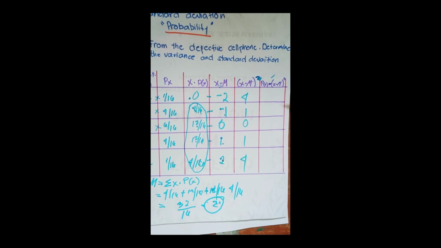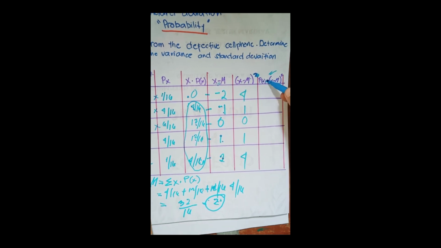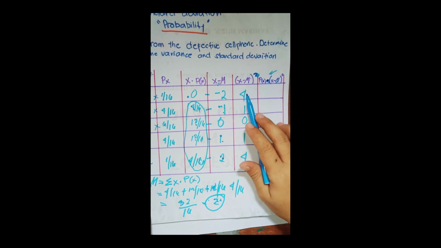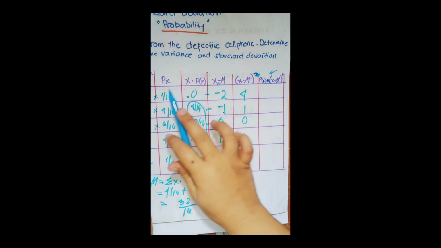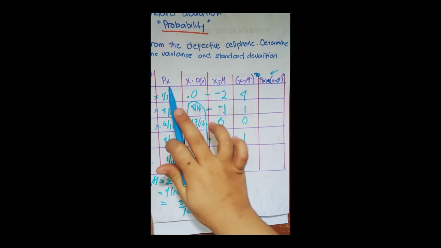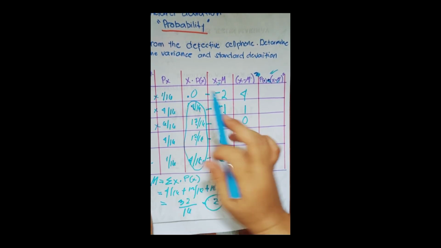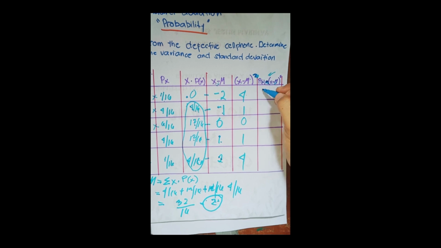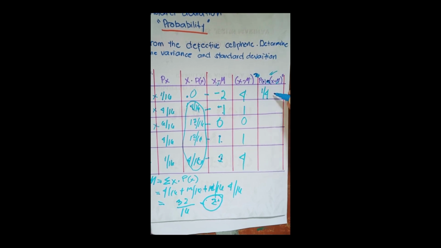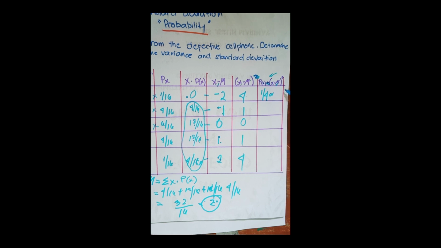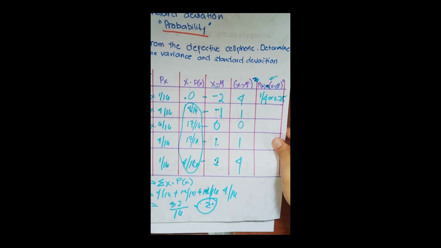Next, let's proceed to the last column, which is P of X times X minus mean squared. We need to multiply P of X times X minus mean squared. 1 over 16 times 4 is equal to 1 over 4, or 0.25.